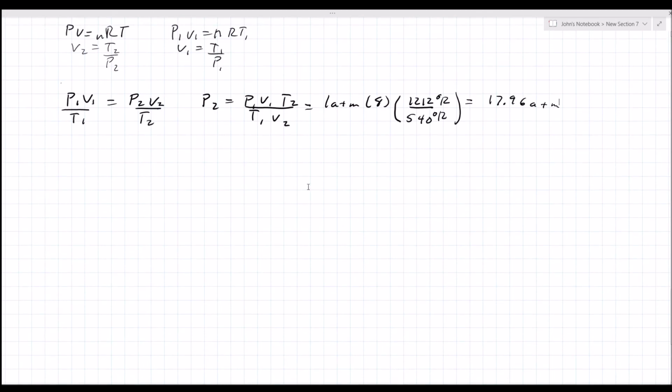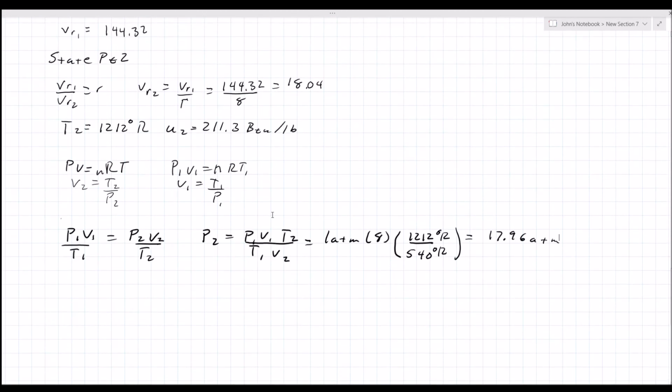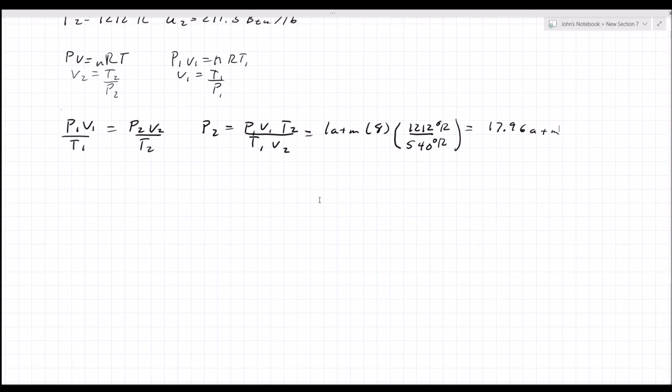State point 2 is done. State point 3, however, is not. So, state point 3. Well, recall that 2 and 3 have the same volume, therefore P2 over T2 is going to equal P3 over T3.